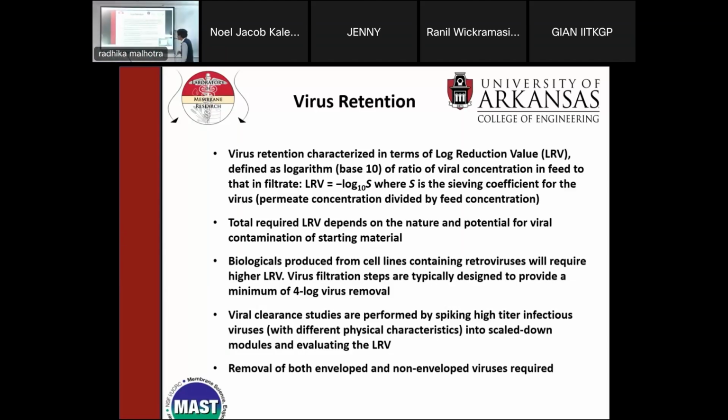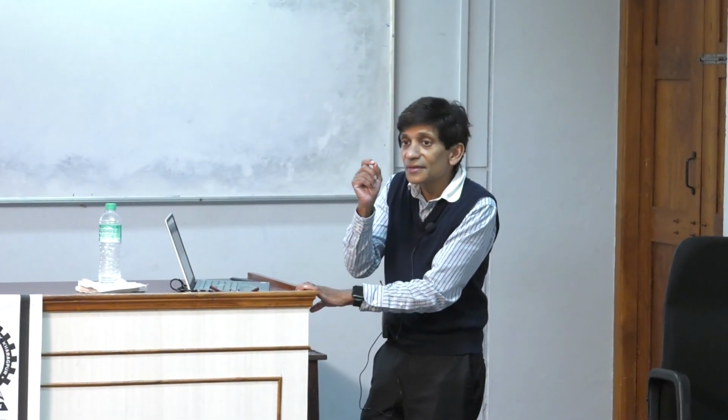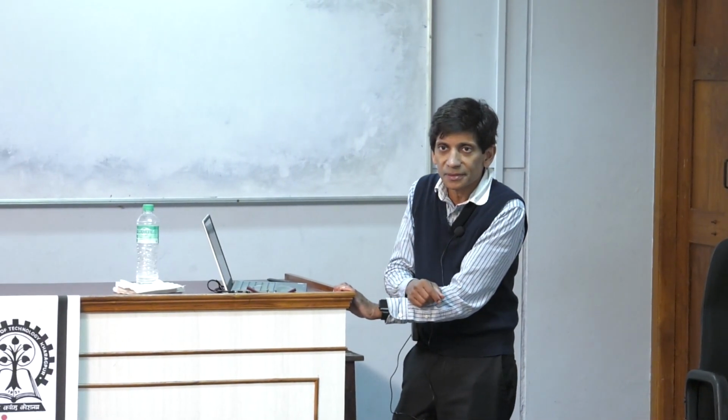Viral clearance studies are performed by spiking high-titer infectious viruses with different physical characteristics into scaled-down modules and determining the LRV. We do a lot of that in my lab, but it's a tricky experiment because, as I told you, these virus filters are used towards the end of the purification stream where the product is very pure and you don't want any fouling of the membrane, right?